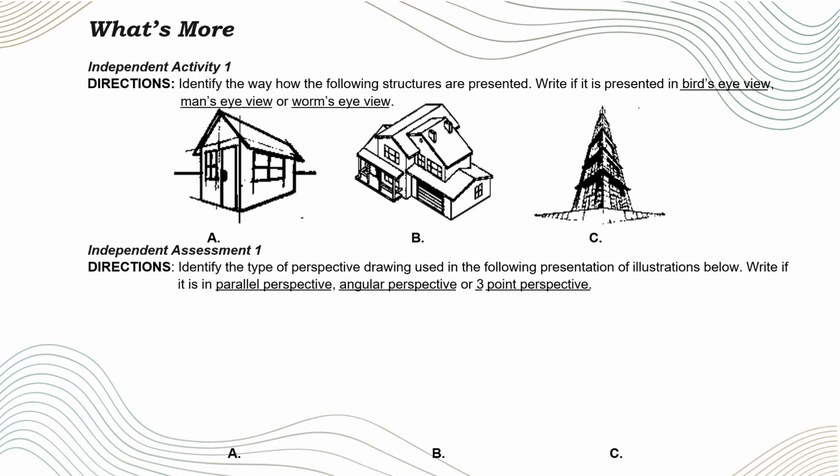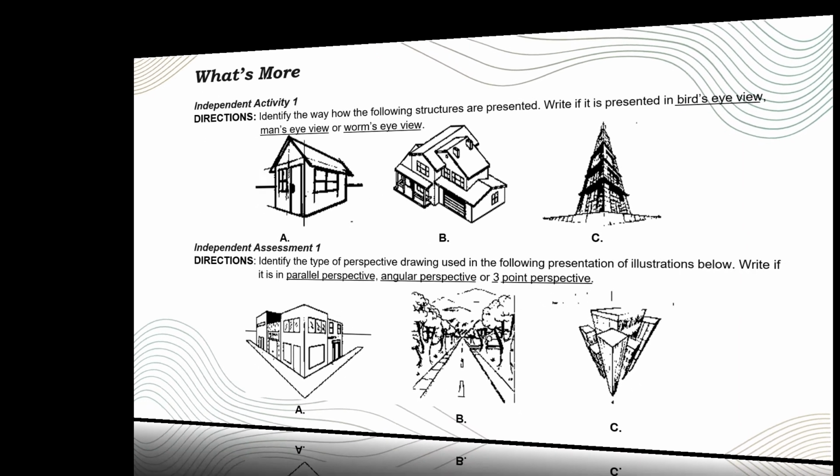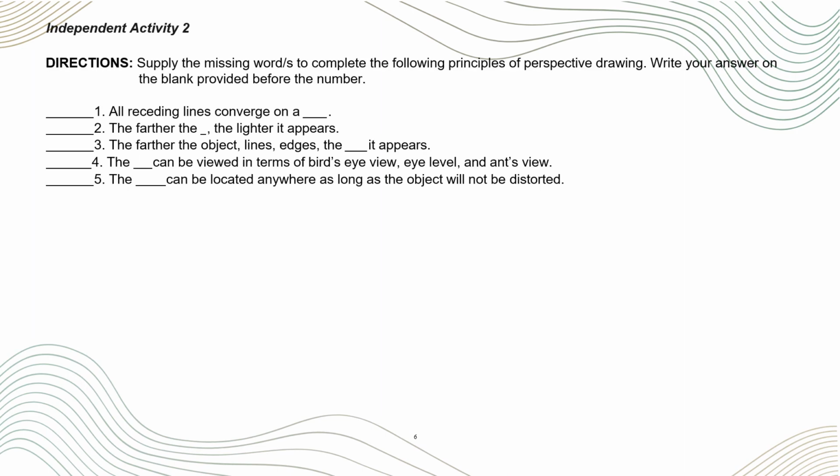Write if it is a parallel perspective, angular perspective, or three-point perspective drawing. For the independent activity 2, supply the missing word to complete the following principles of perspective drawing. Write your answers on the blank provided before each number.